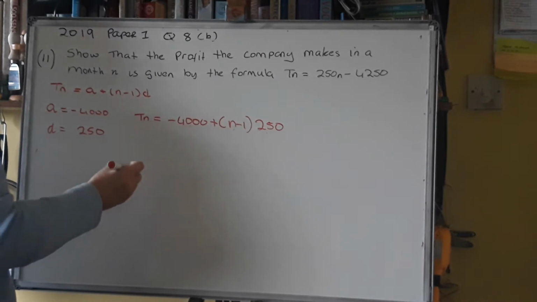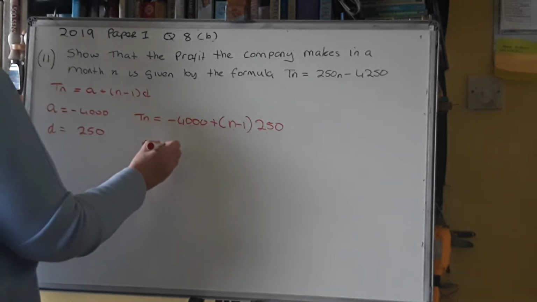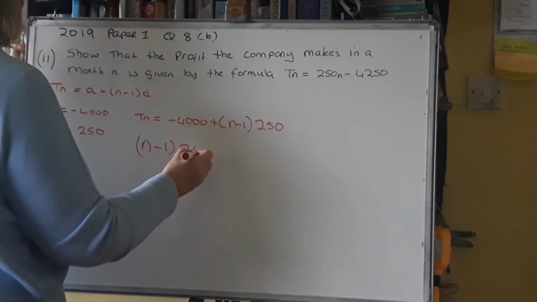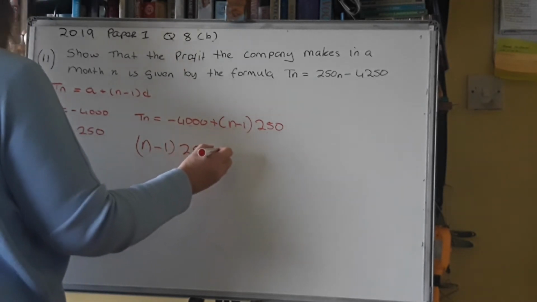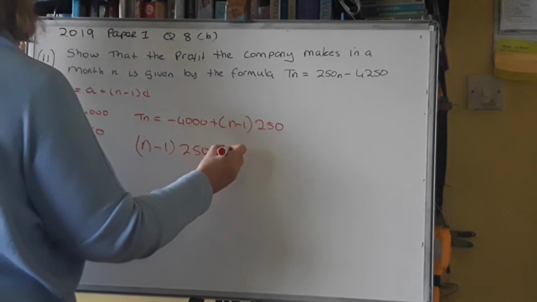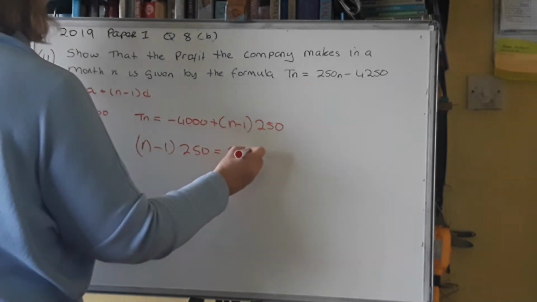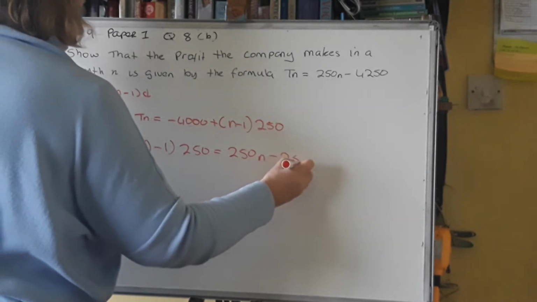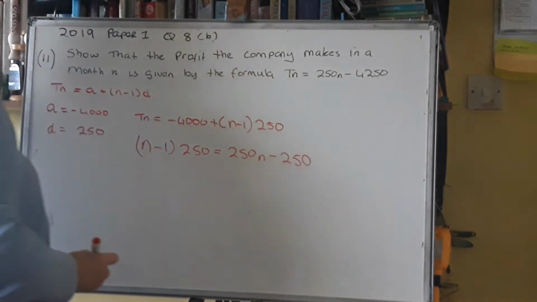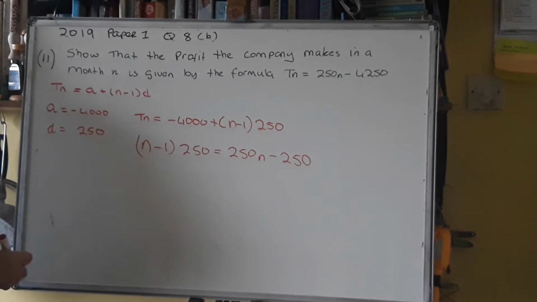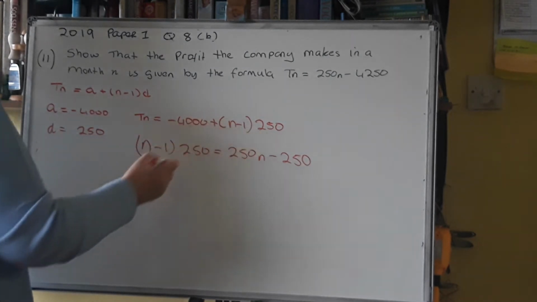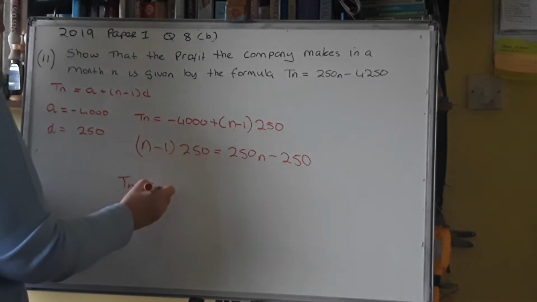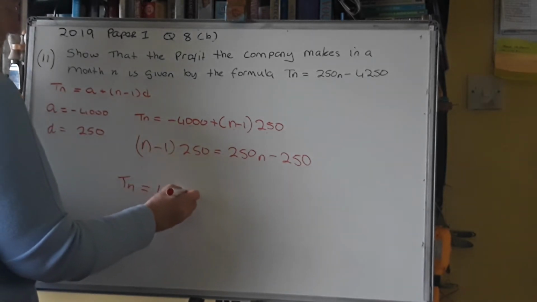Okay? So when we multiply n minus 1 by 250, you get 250n minus 250. Okay? So now we're going to put that here instead of this. So now Tn is equal to minus 4,000. We haven't done anything with that yet.